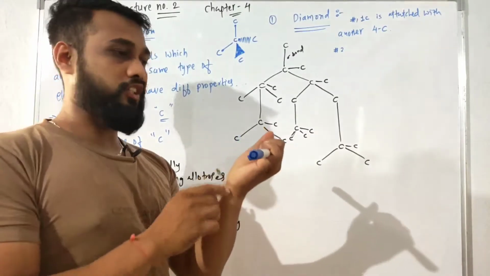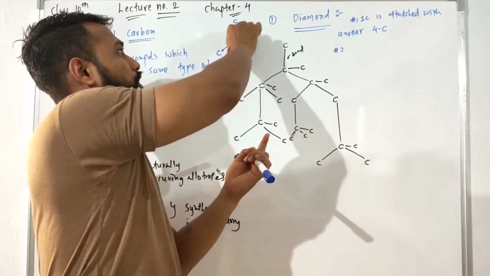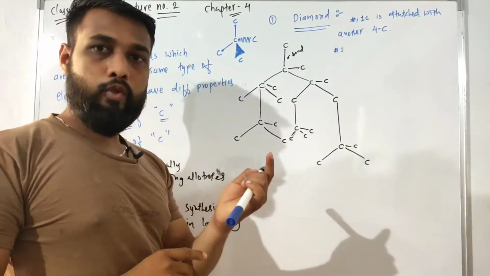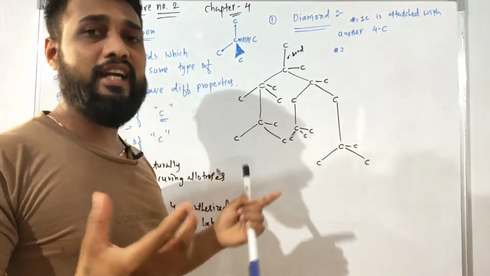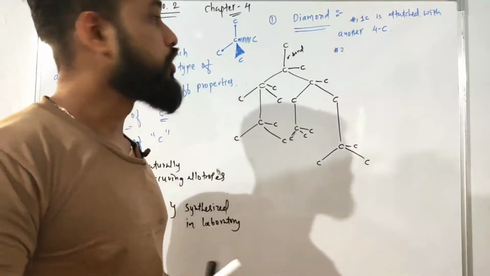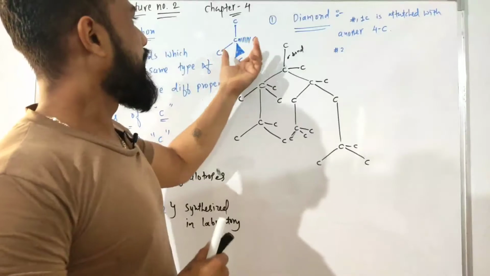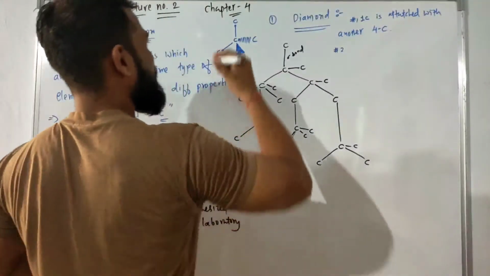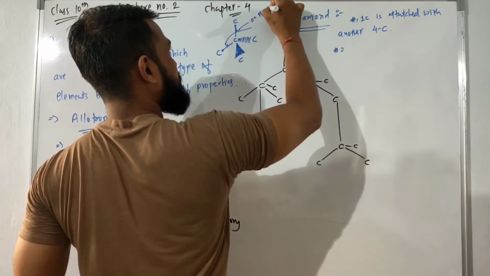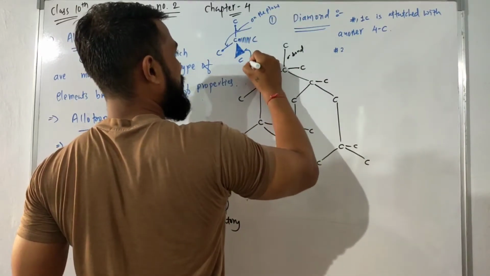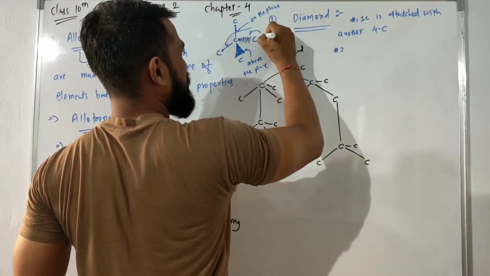If we take a 3D structure, this bond and this bond, which are drawn by line only, are on the plane. Tetrahedral geometry is also a 3D structure. You study this in 11th chemistry. So these two bonds are on the plane, this is above the plane and this is below the plane.